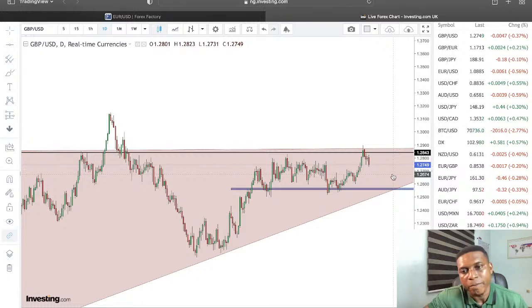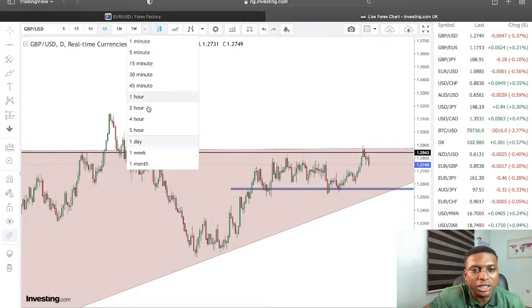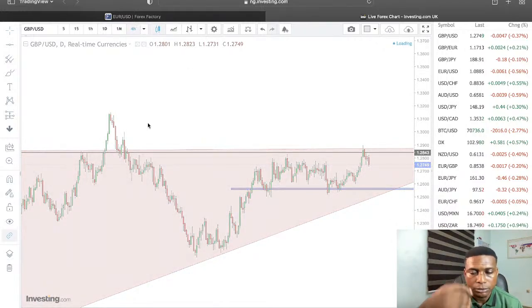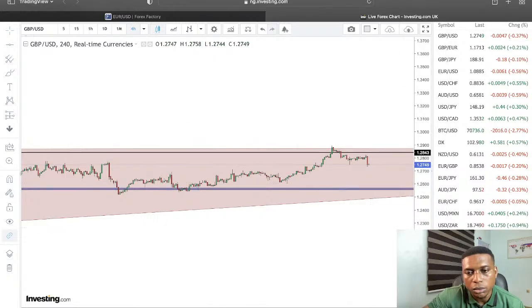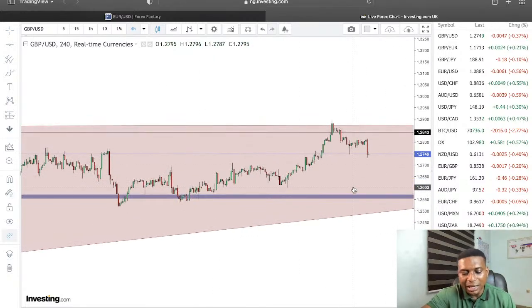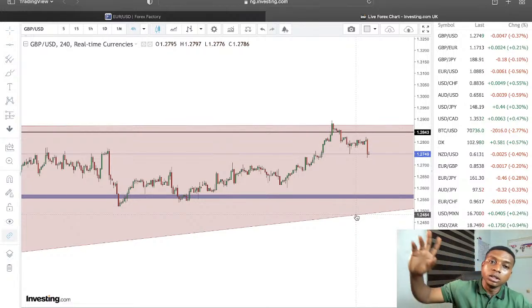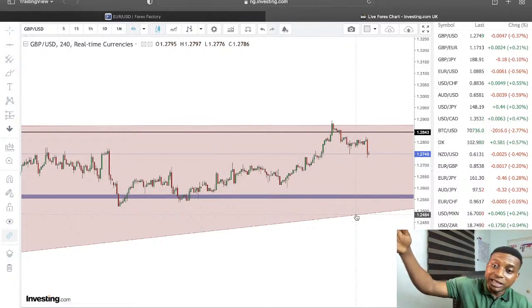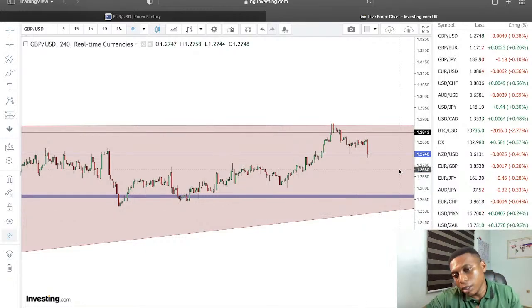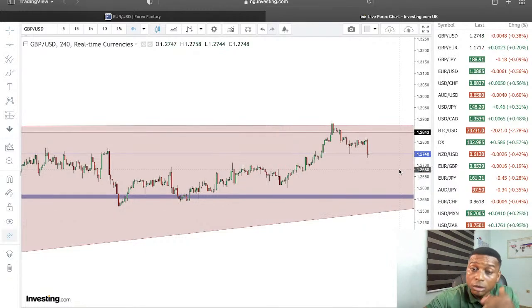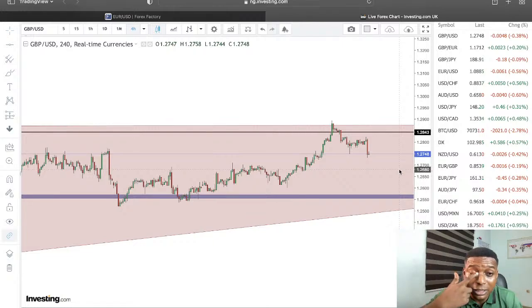Now for intraday traders, when we look at the 4 hours time frame, the 1 hour time frame is signaling bearish momentum. The daily time frame is signaling a bearish momentum. The 4 hours time frame is signaling a bearish momentum.